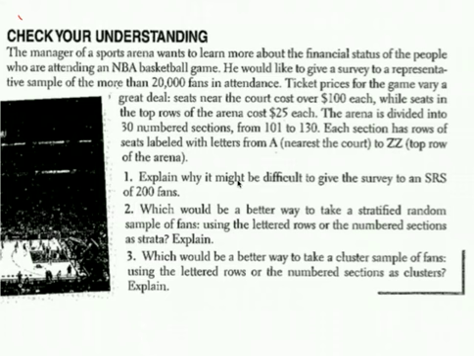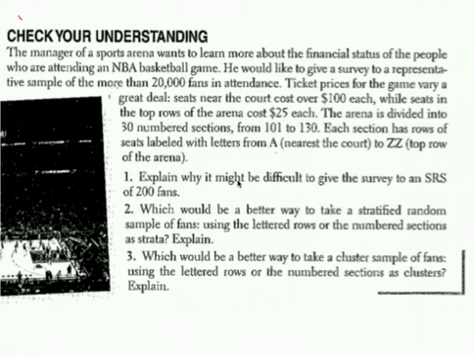Well, if you think about the lettered rows, all the seats on that row have the same letter, which means all the seats on that row would cost the same amount because they're the same distance away from the court. The numbered sections, however, have different rows within them, and each of those rows has different prices depending on their distance to the court.